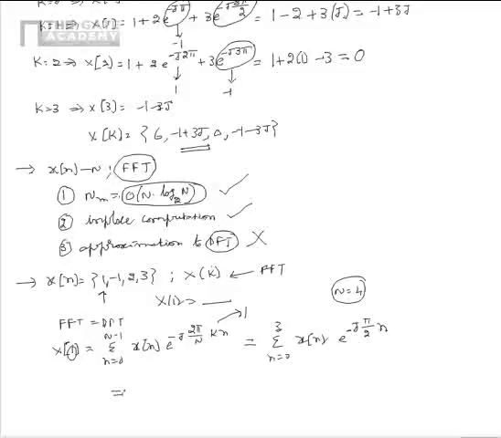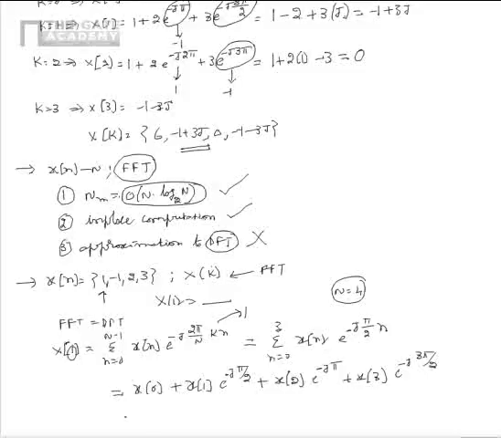So the summation can be simplified as x of 0 plus x of 1 multiplied by e power minus j pi by 2 plus x of 2 multiplied by e power minus j pi plus x of 3 multiplied by e power minus j 3 pi by 2.